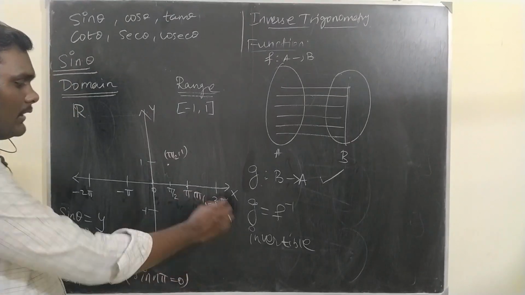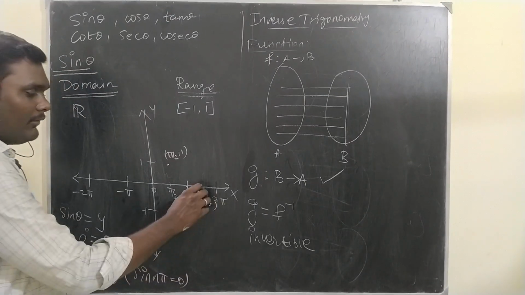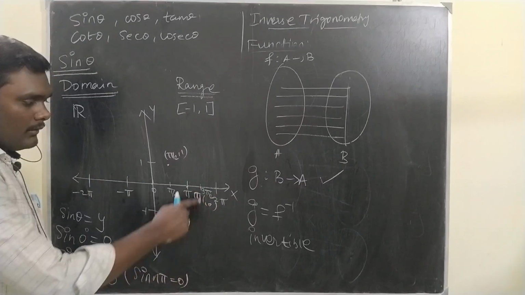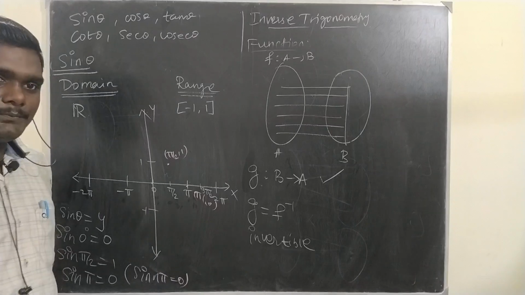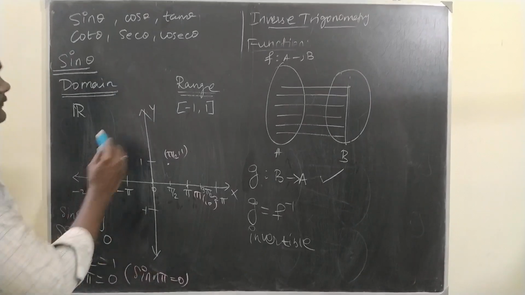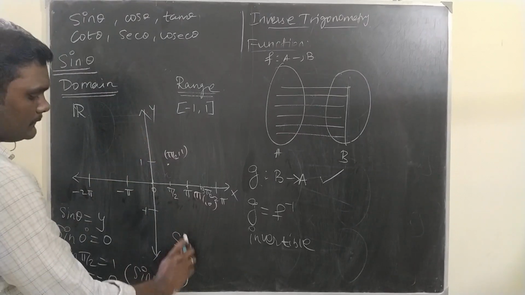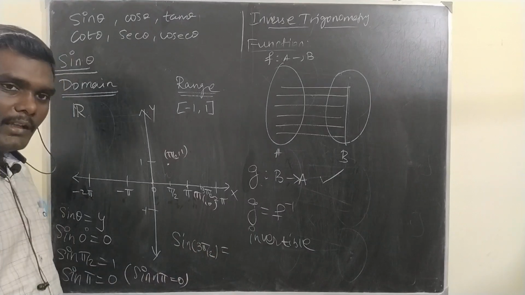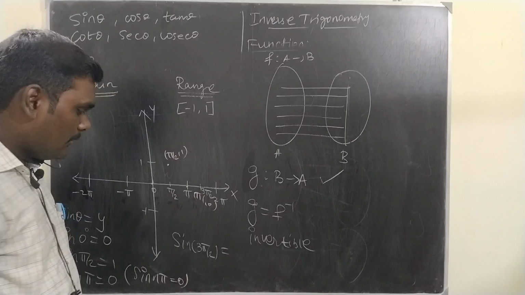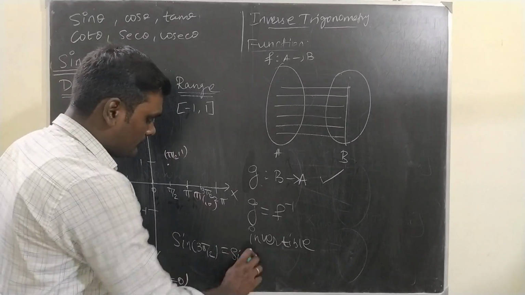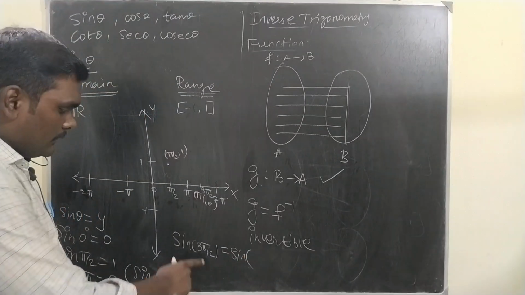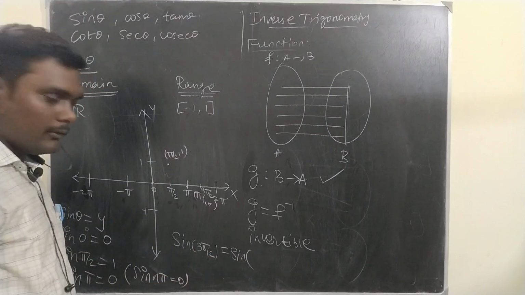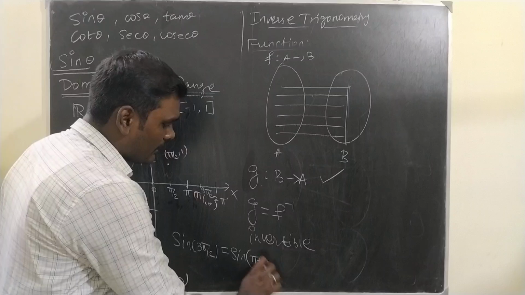Then here we have 3 pi by 2, isn't it? After pi, it is 3 pi by 2. What is the value of sin 3 pi by 2? You know how to calculate? How can we calculate it? Come on. This is an improper fraction, 3 pi by 2, so we can write it as pi plus pi by 2.